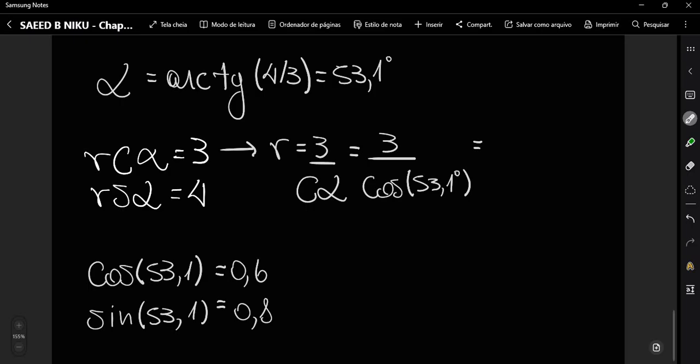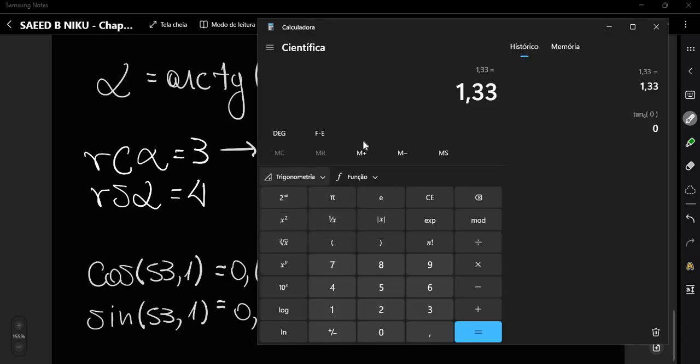So if we divide 3 by 0.6, we obtain 5. So it's 3 divided by 0.6, which is equal to 5.